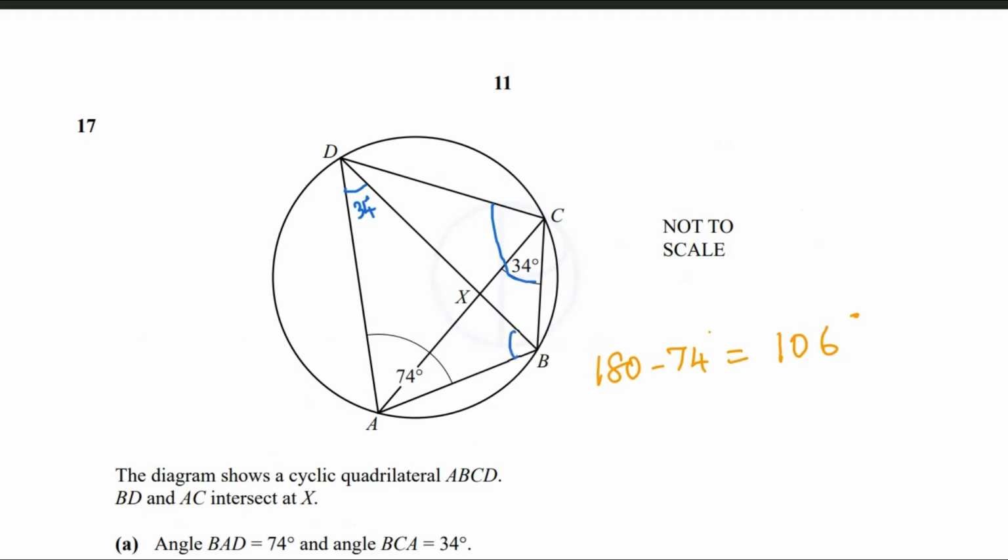In triangle ABD, the sum of the angles in a triangle is 180. So angle ABD will be 180 minus 74 minus 34. 180 minus 108, which is 72.